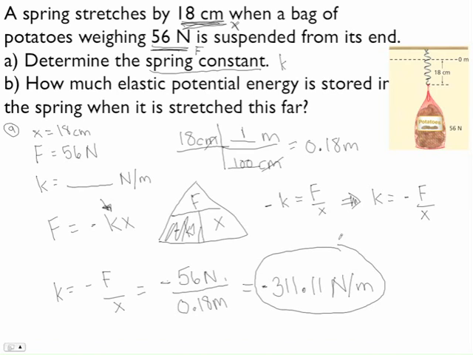Okay, now part B says, how much elastic potential energy is stored in the spring when it is stretched this far? Okay, so I'm going to write it over here. We have our k was negative 311.11 newtons per meters.